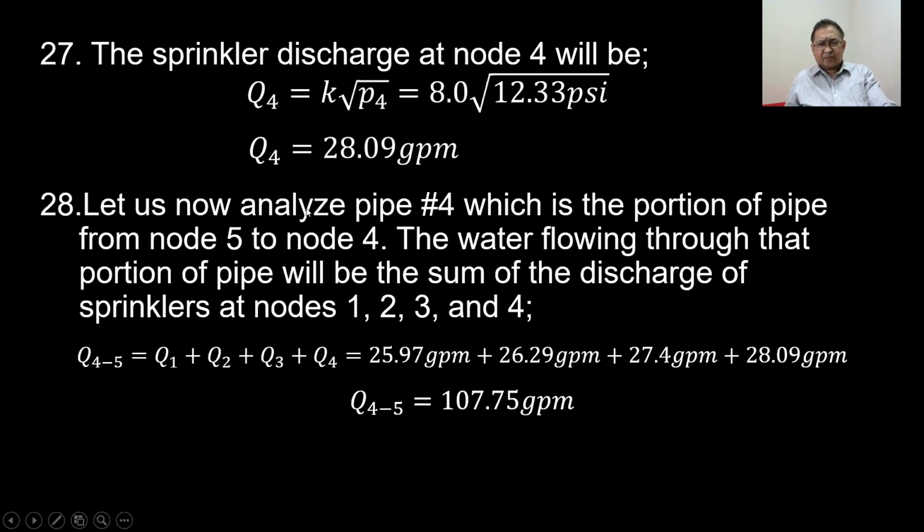Let's go now to pipe number 4. The water flowing through that portion of pipe will be the sum of the discharge of sprinklers at nodes 1, 2, 3, and 4. So 25.97, 26.29, 27.4, and 28.09 GPM. The total will be equal to 107.75 GPM.